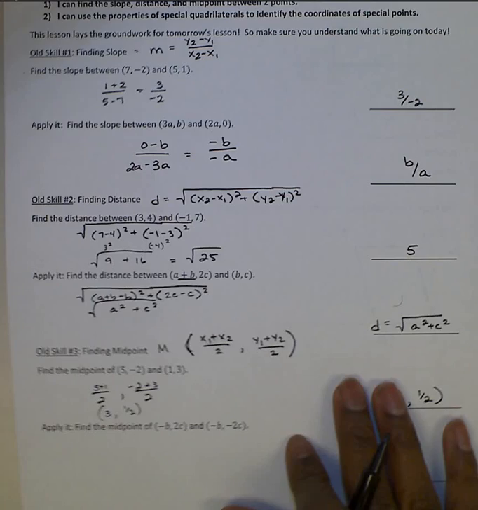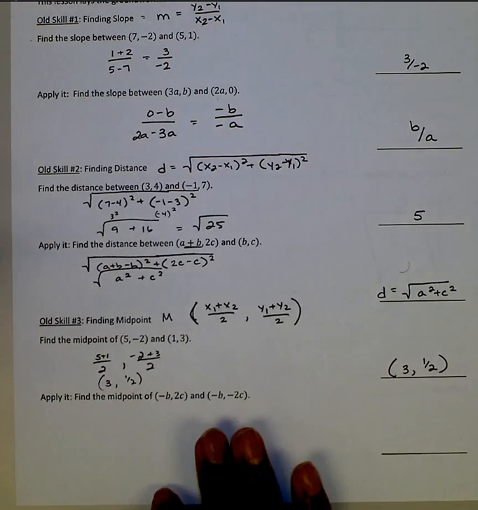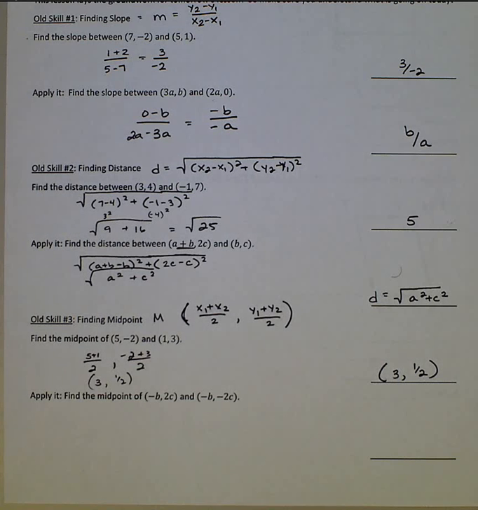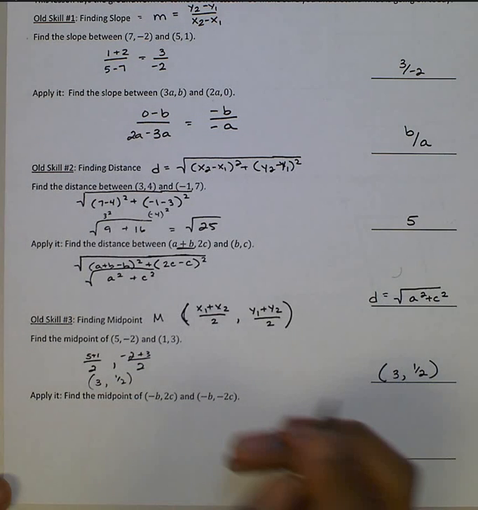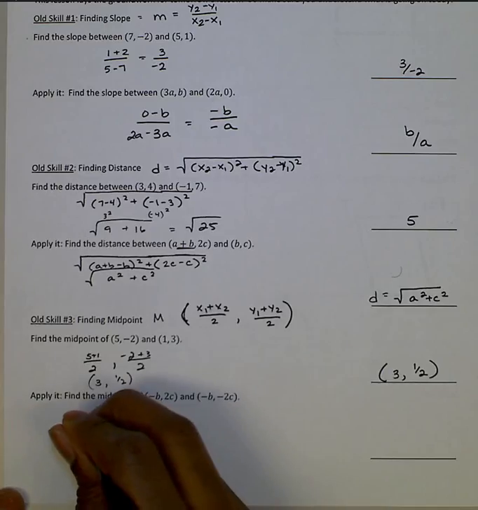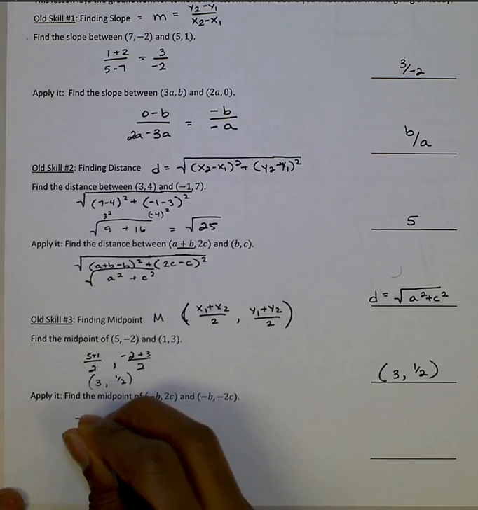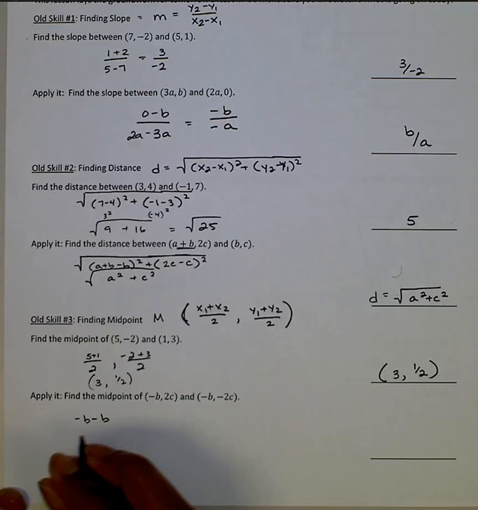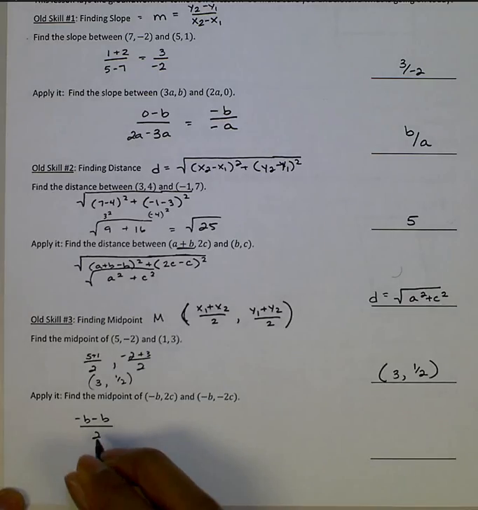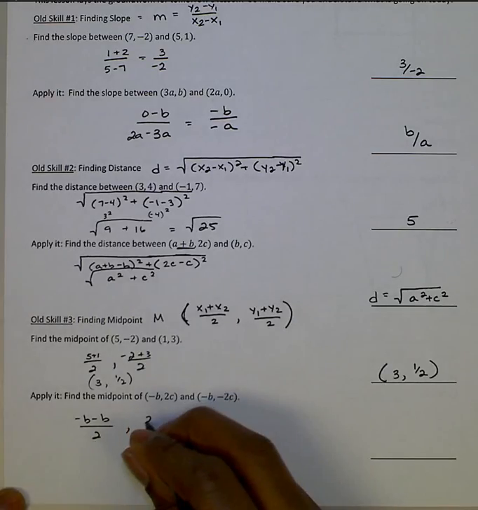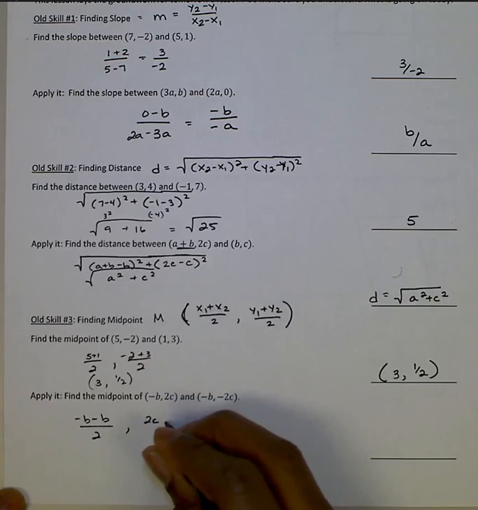All right, so now we have to find the midpoint of these two. Remember, we're going with the average of the x's, so I have negative b plus negative b, or minus b, over 2, comma, 2c plus negative 2c, or minus 2c, over 2.